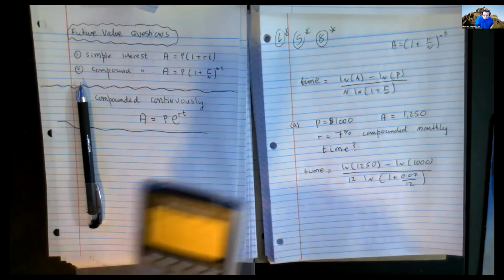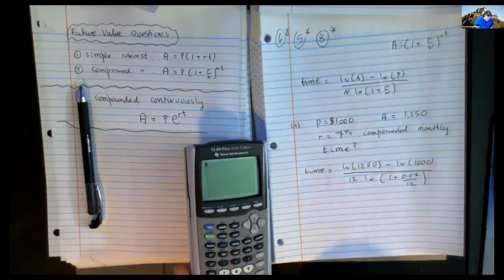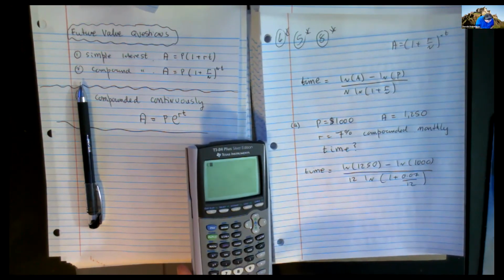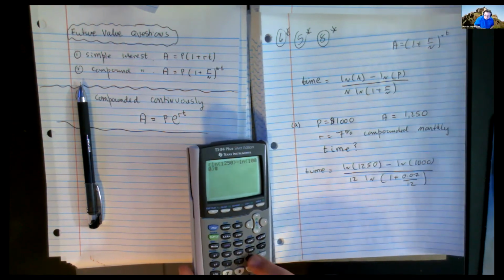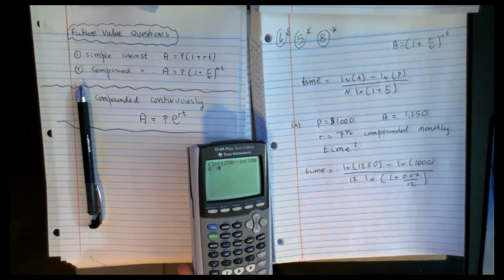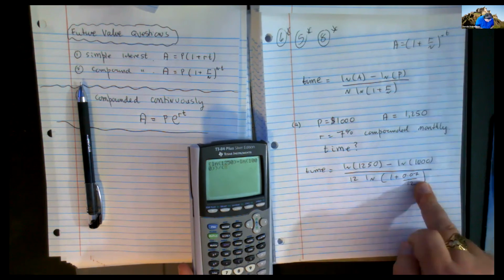And for time, I'm going to do it on my hand calculator here, right? So a bracket, the natural log of 1250, take away the natural log of 1000. Are we okay? Notice I started and finished with a bracket. Divide, start with a bracket, type this in and finish with a bracket.